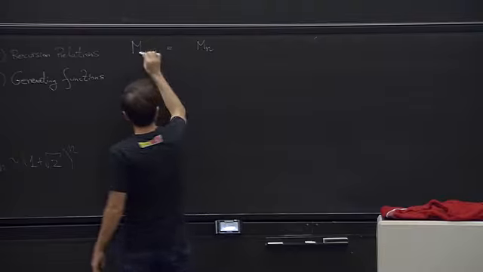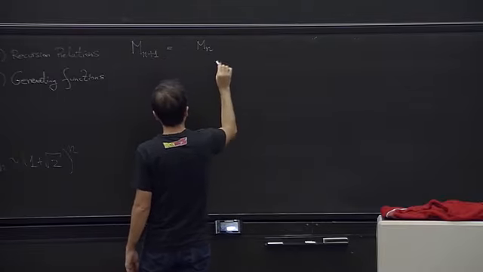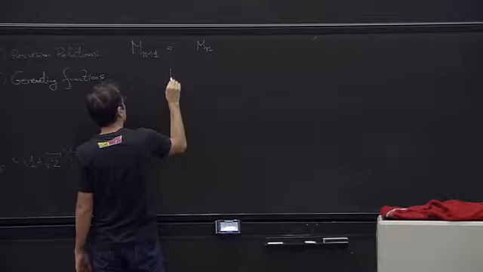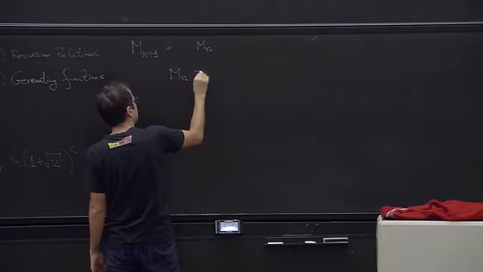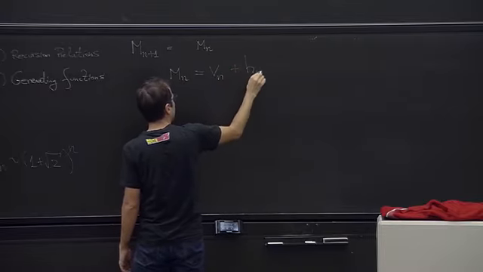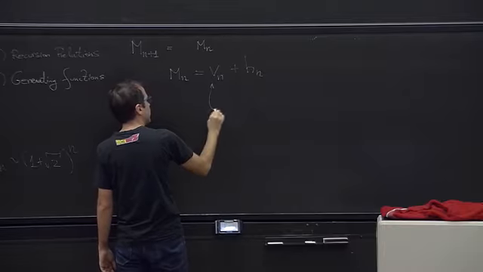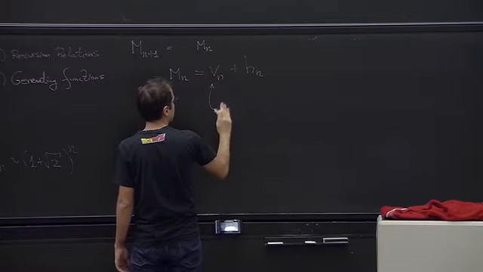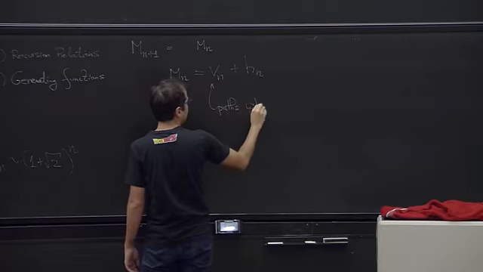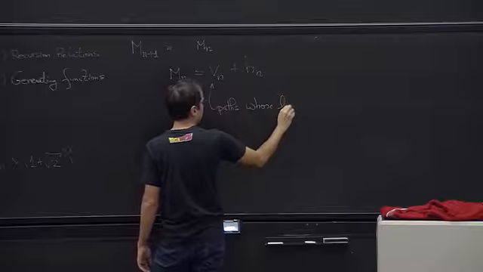But the way this works, what makes it easy is to notice that we could write mn as vn plus hn, where vn would be the paths whose last step is vertical.